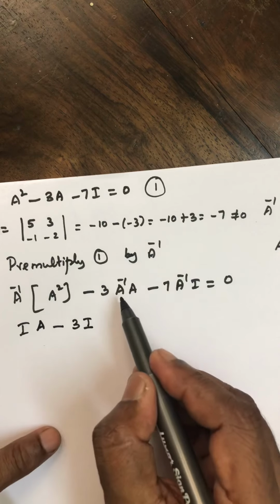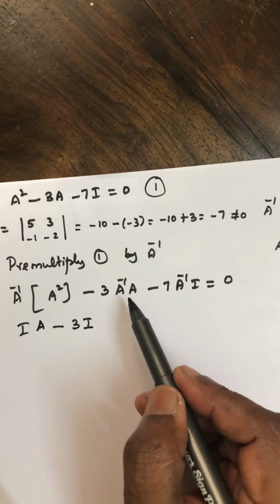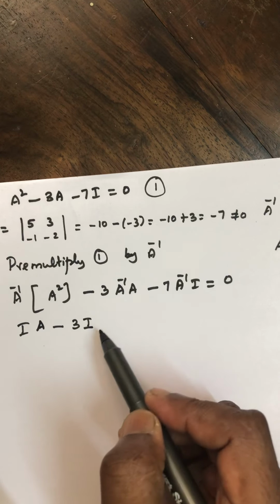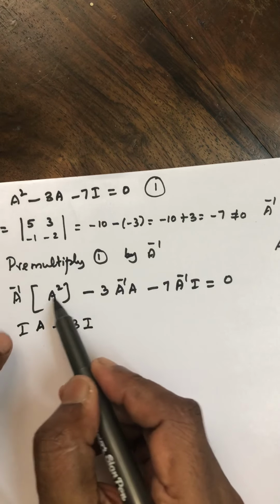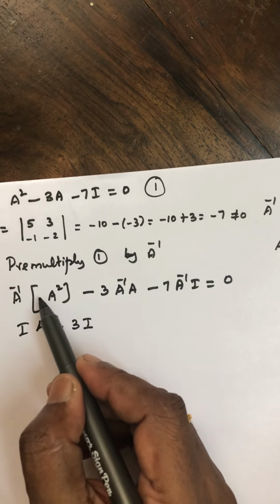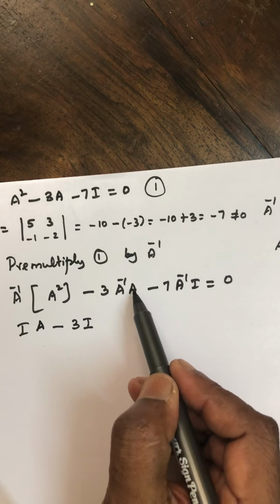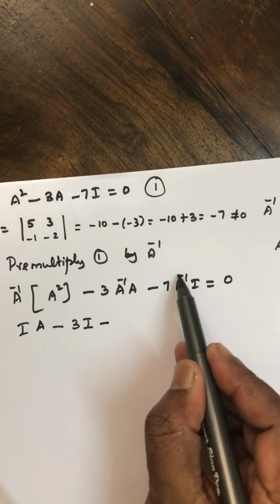Now minus this is 3 into I. So please remember, usually we write 5 into 1 by 5 will cancel, you will get it as 1. Likewise it is a matrix. Any matrix and its inverse, the product will give the identity matrix or unit matrix. Here I am taking A square as A into A. One A, one A inverse is I. Then one A is remaining. Then any matrix multiplied with the unit matrix will give the same matrix.